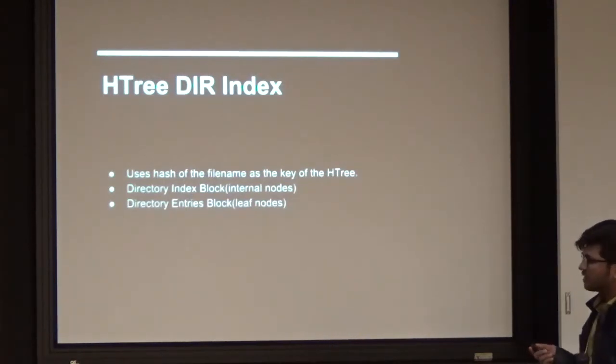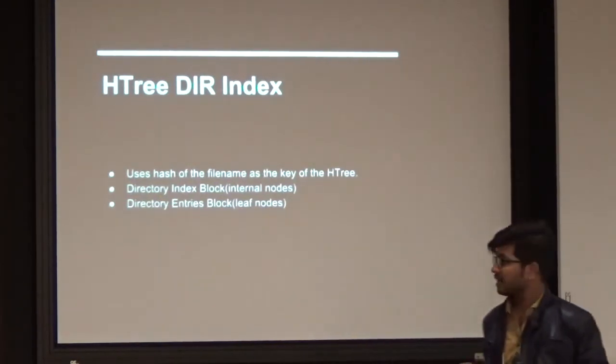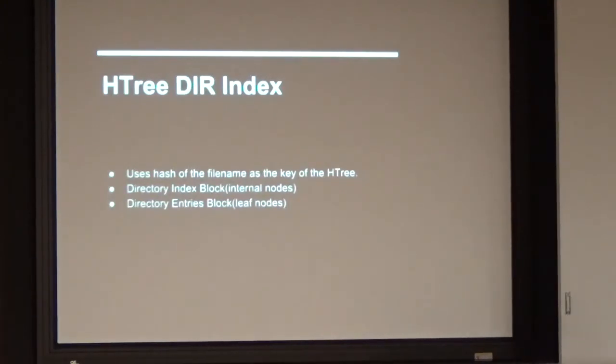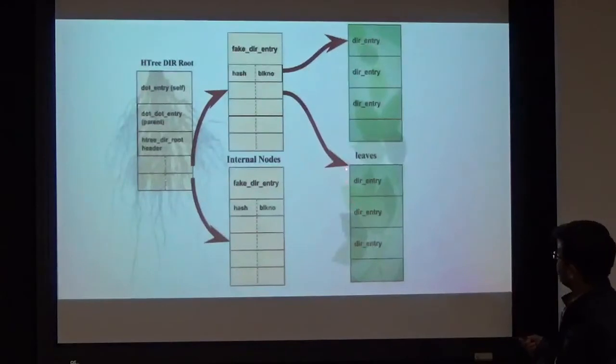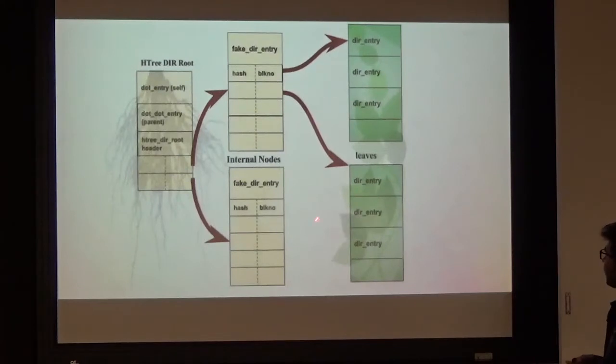And the tree will have two different types of nodes. The leaf nodes here we call directory entry blocks, and internal nodes are basically directory index blocks. So we'll see here, this is an H tree. Here we have the directory entry blocks, and these are internal nodes that store the index.